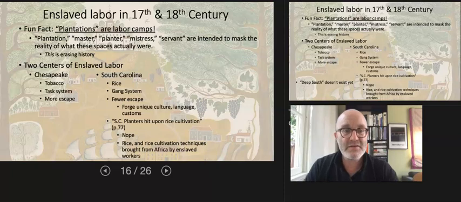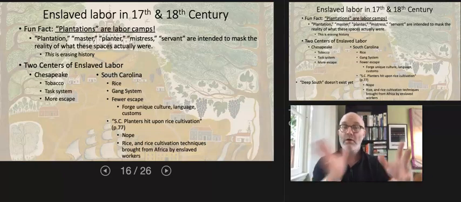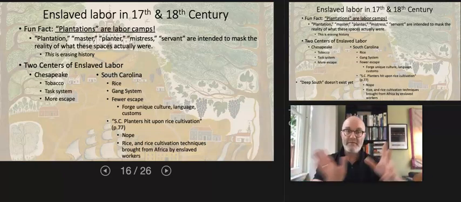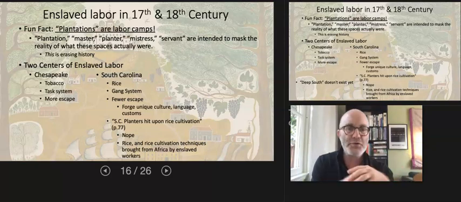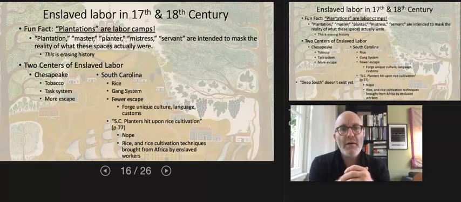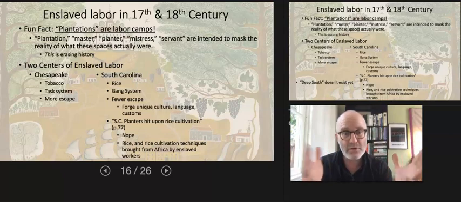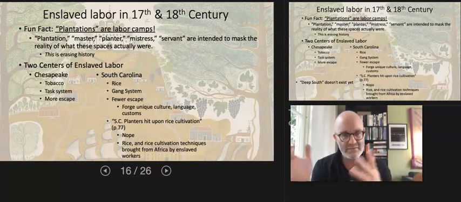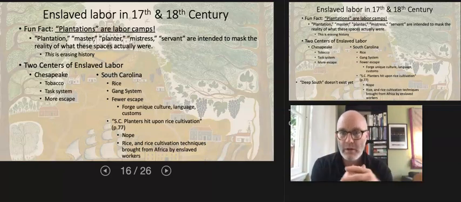However, because it's such a large population of enslaved people, and so many are directly from Africa or from Africa via the Caribbean, they forge a very unique culture, unique language, unique customs, because it's such a strong and isolated community of enslaved workers, as opposed to Virginia, where there's much more fluidity between enslaved black laborers and free blacks or white people.